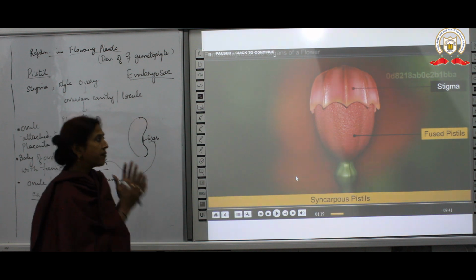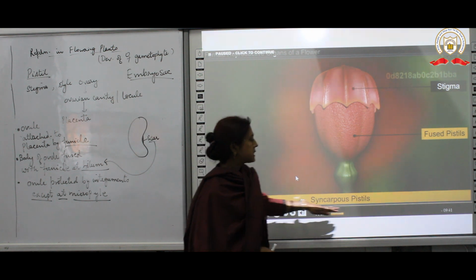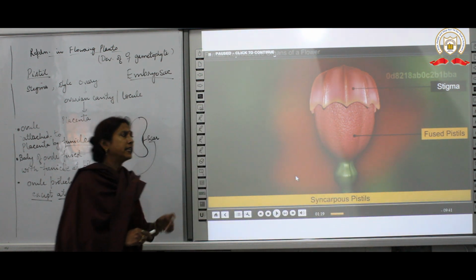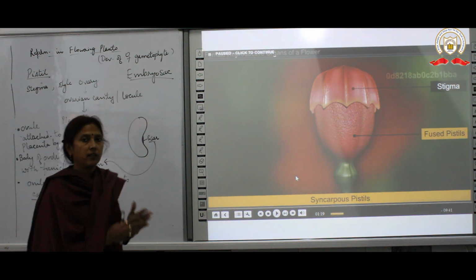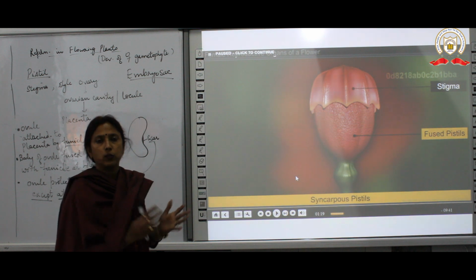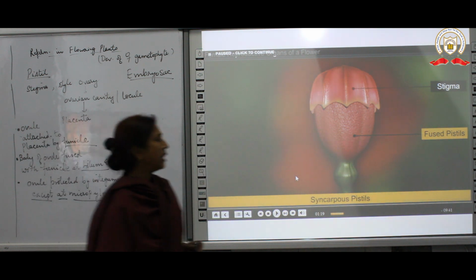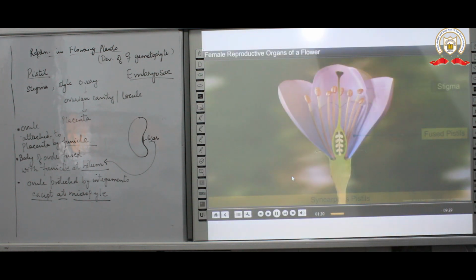When the pistils are fused together, they are called syncarpous pistils. When the pistils are free from each other, they are known as apocarpous. Now we will discuss further.